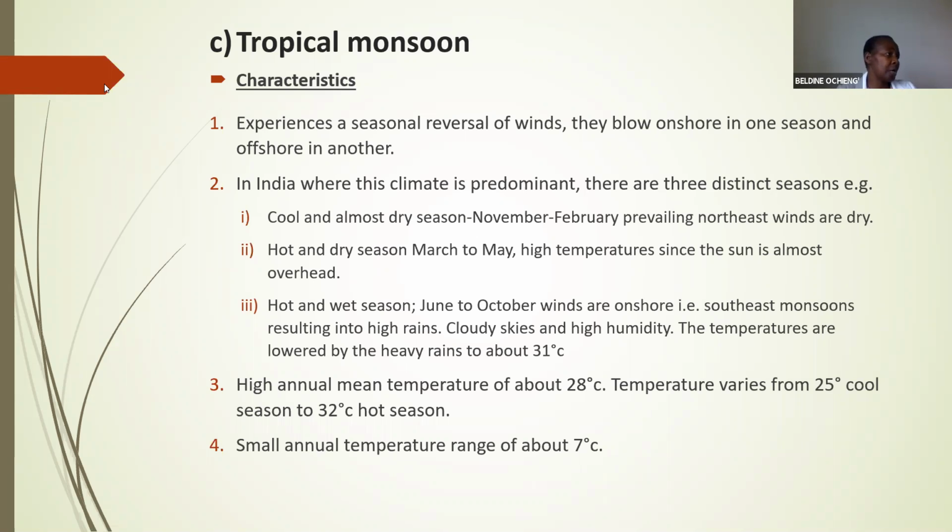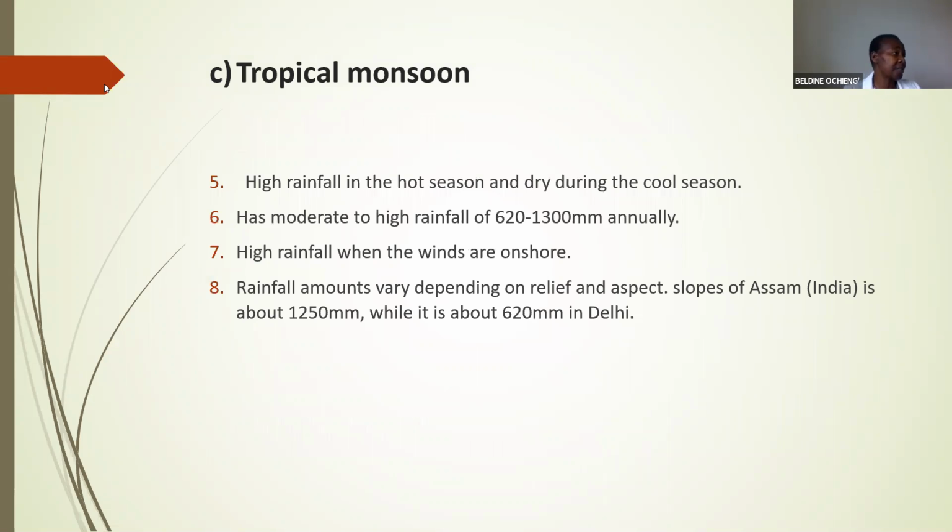That is tropical monsoon. Other characteristics: high rainfall in the hot season and dry during the cool season. The place during hot season has high rainfall, but during the cool season, it is dry.